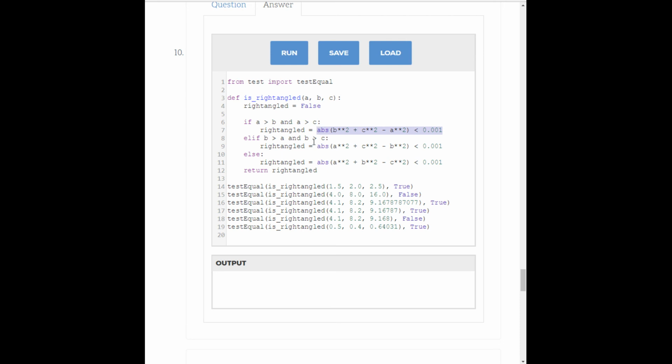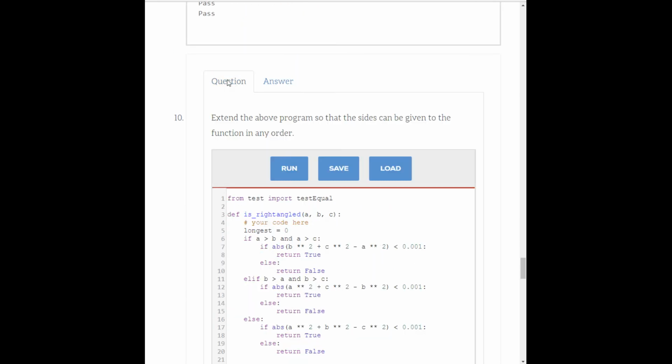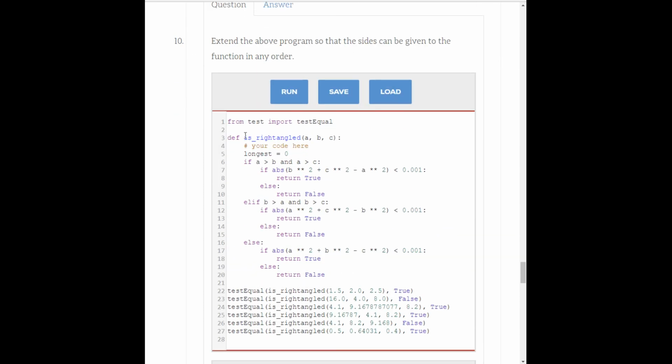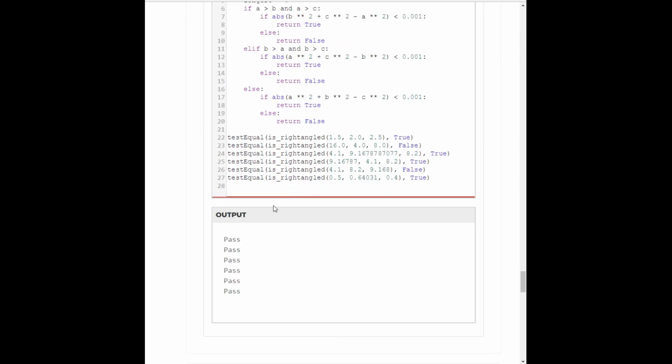So we can just have these here, and they return either true or false, and then we store that to the variable and return the variable. So it's a little bit more elegant way to do it. But obviously, either way works, and however you came up with it, as long as it passes as well, is also valid.